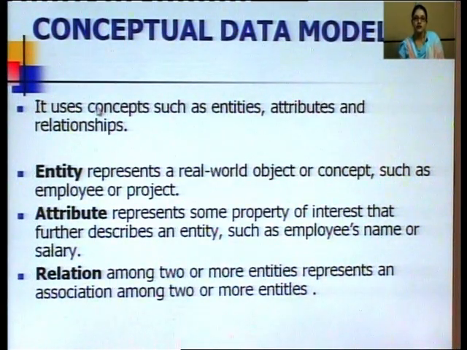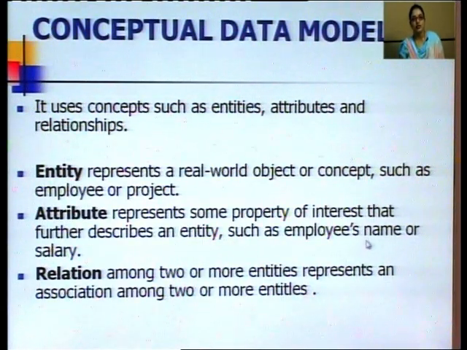The conceptual data models use concepts such as entities, attributes and the relationships between entities and their attributes, where an entity can be any real world object or a concept, for example, an employee, a project or a particular student. Attribute represents the properties of that entity which describe the features of the entity.